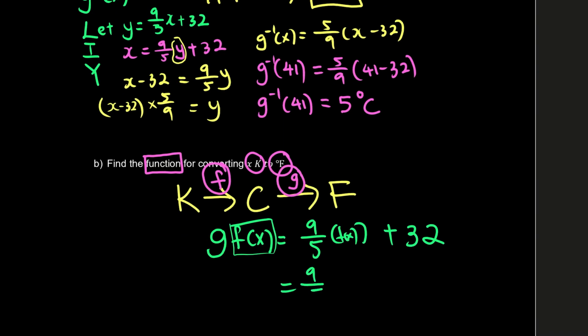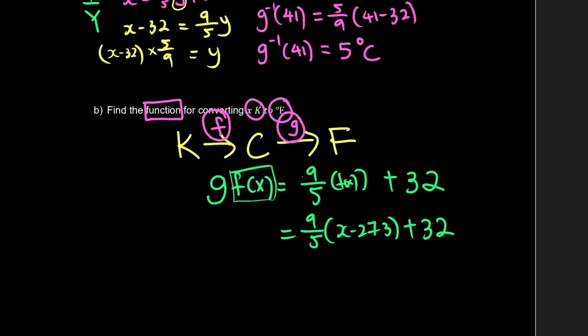So 9 over 5 times (x minus 273) plus 32. So once we have this, we just need to compute. So it's 9 over 5 x minus 9 over 5 times negative 273 plus 32.